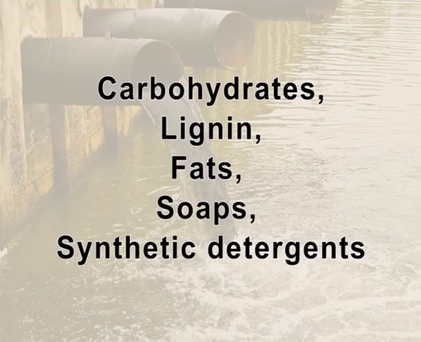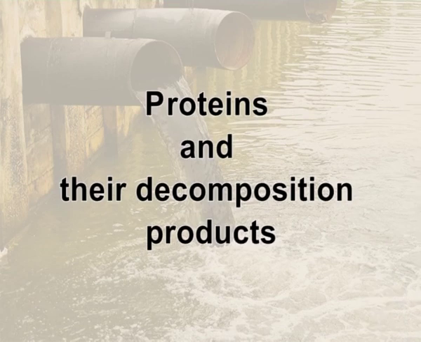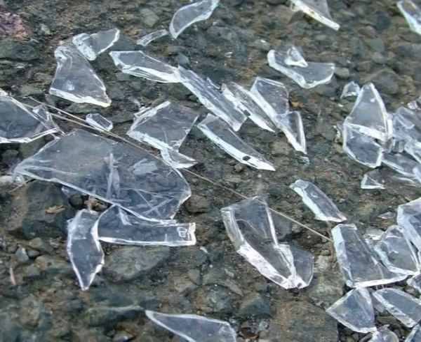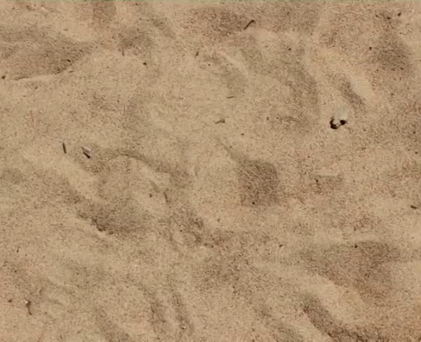Among the organic substances present in sewage are carbohydrates, lignin, fats, soaps, synthetic detergents, proteins and their decomposition products. Wastewater has characteristic changes in several of its parameters such as pH and temperature, and other parameters including obstructing components such as glass shards, plastic parts, sand, etc.